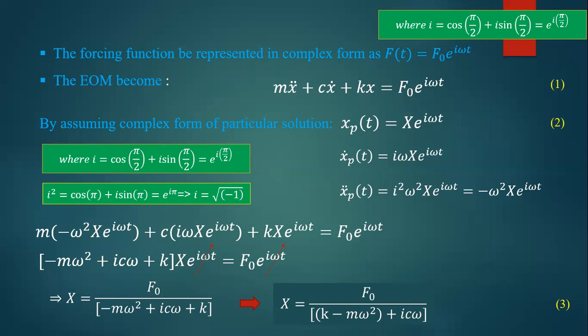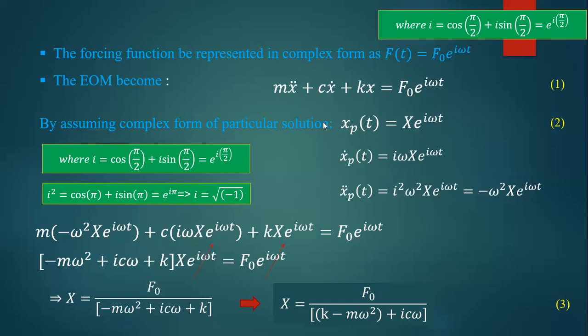The particular solution must be in the same format as the forcing function, which is in the exponential complex form. So x particular of t is equal to X, the maximum amplitude of vibration, times e to the power of i omega t.